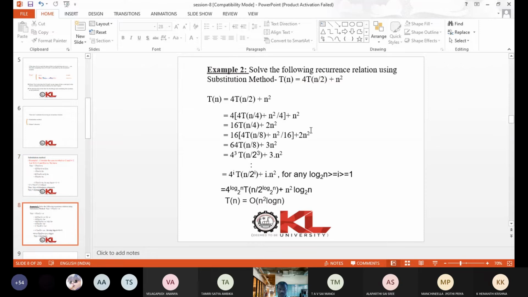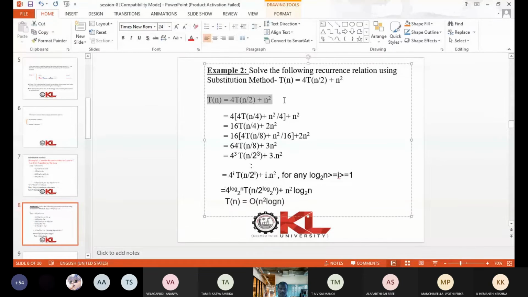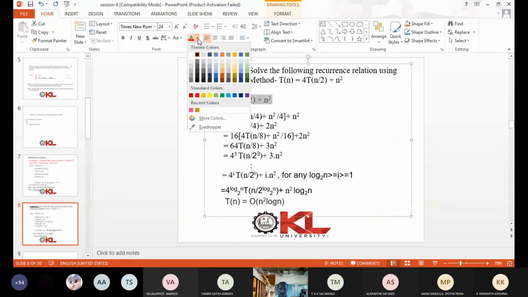Now all of you will do the second example: T of n is 4T of n by 2 plus n square. Note this down and try to solve on your own. I will give 2 to 3 minutes.